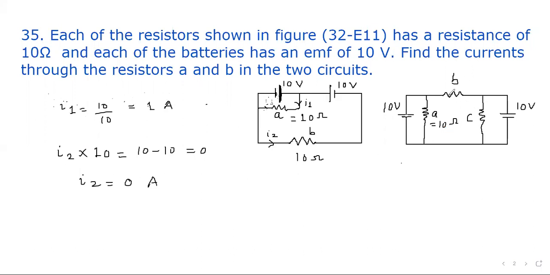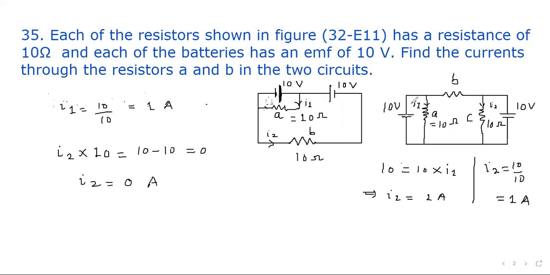Now consider this circuit. In this loop, suppose the current is I1. So 10 equals 10 times I1, so that gives I1 equal to 1 ampere. The same is true here. Suppose this current is I2. If we consider this loop, this is 10 ohm, so I2 will be again 10 by 10, that is 1 ampere.